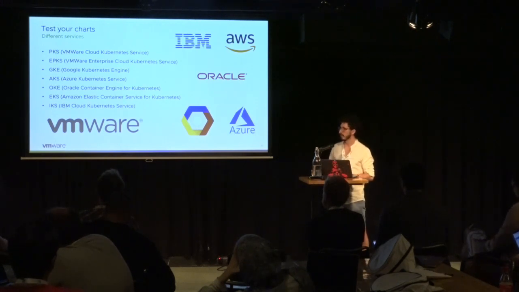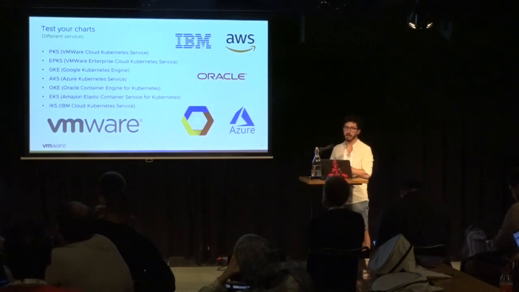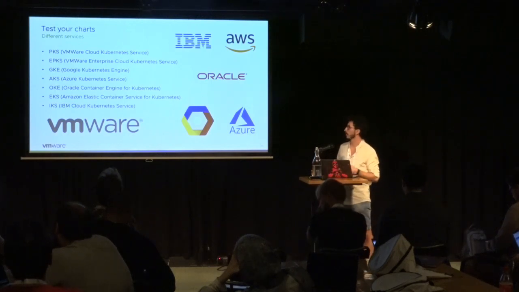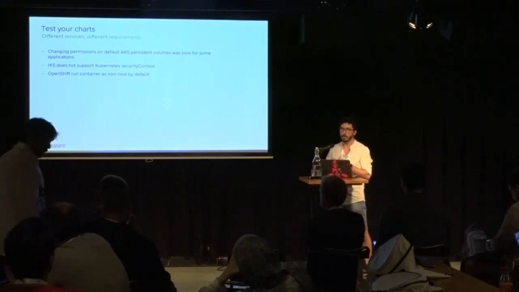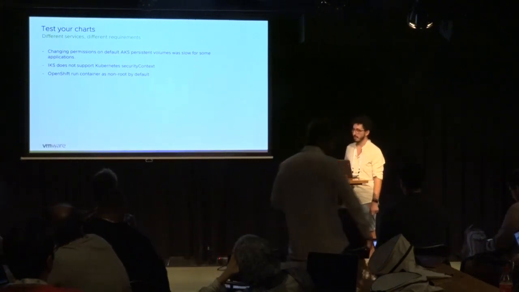And we realized that there are some differences between these services, and we had to adapt our charts or fix some things or make some options in the chart so they are installable in these new Kubernetes clusters. So, for example, we have detected that the default storage provider for Azure was not getting along with Magento in terms of the number of files that Magento has and running chmod, chown operations when these files are persisted.